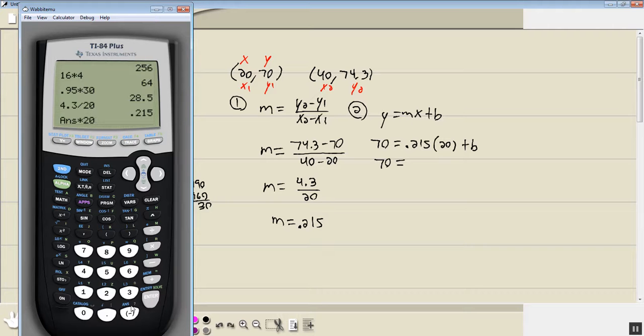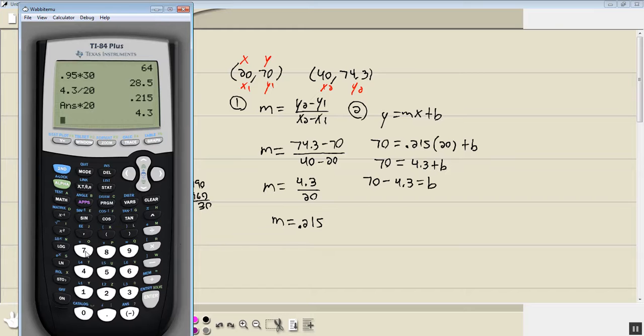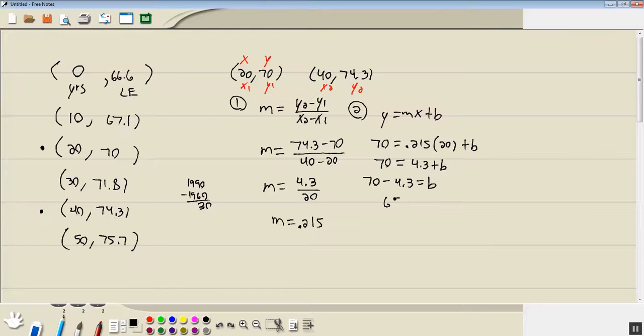So 0.215 times 20 gives us 4.3 plus b. Take the 4.3 over to the right side. 70 minus 4.3, 65.7.